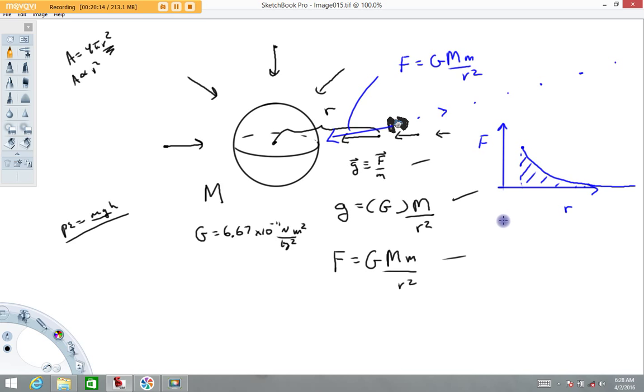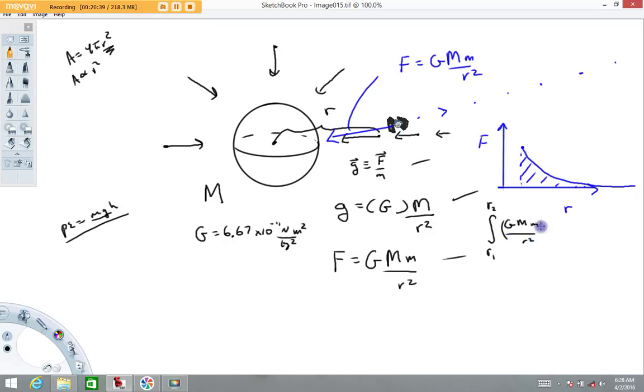So the area under this curve is going to look like this. The integral from the first position, which I'm going to give a name here, R1, because that's going to be a starting value, to the second position. Now the TIE fighter's way out here. I'm just going to call that R2 for now. The force is defined by this function, big G, big M, little m over r squared.